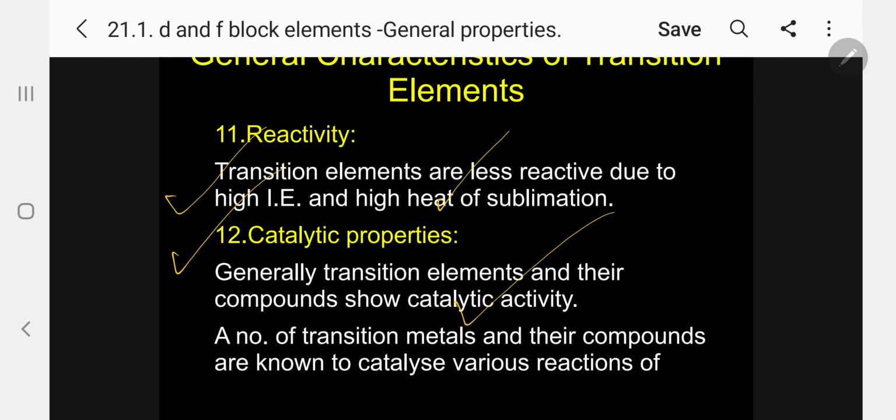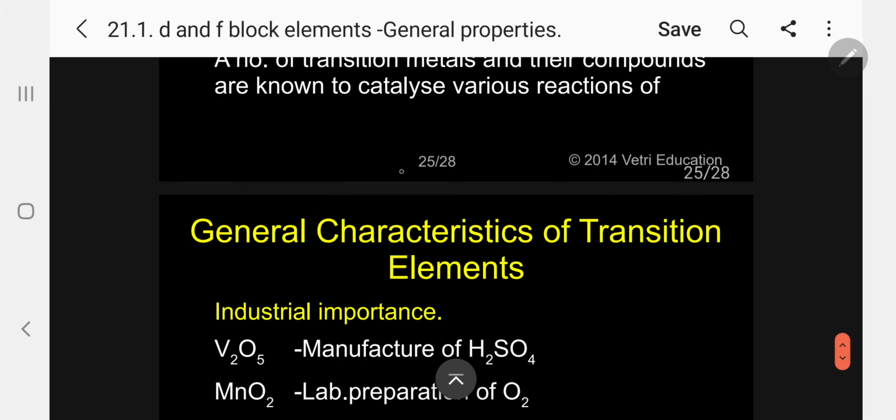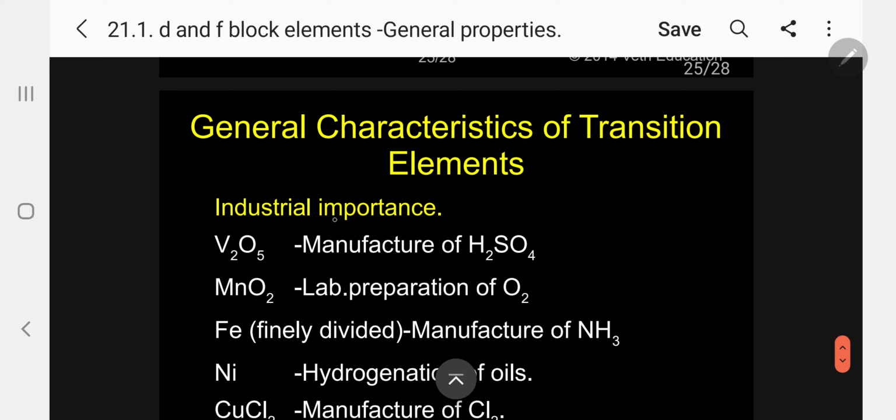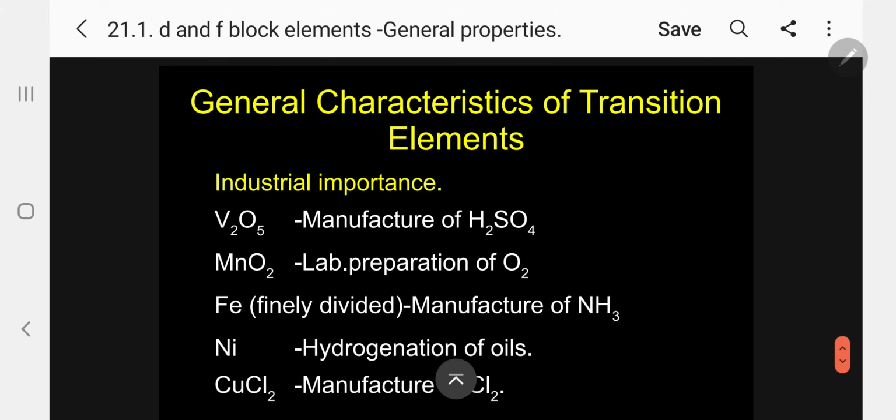A number of transition metals and their compounds are known to catalyze various reactions of industrial importance. Very, very important. In industry, we prepare a number of compounds where these catalysts are used. For example, to manufacture sulfuric acid, the catalyst is vanadium pentoxide.